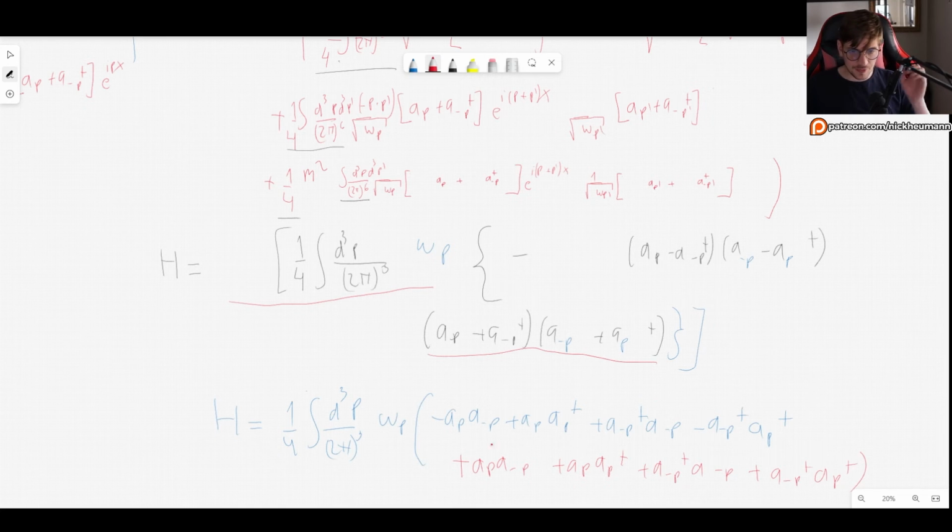So here we can see that a few things cancel out. So minus a_p a_{-p}, and then we have plus a_p a_{-p}. So those two cancel out. We also have minus a_{-p}^† a_p^†, and plus the same thing. So that also cancels out.